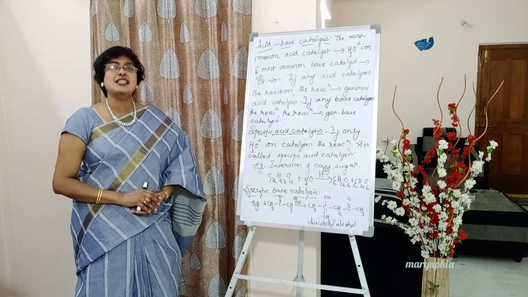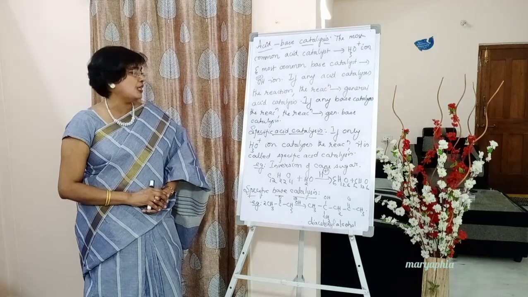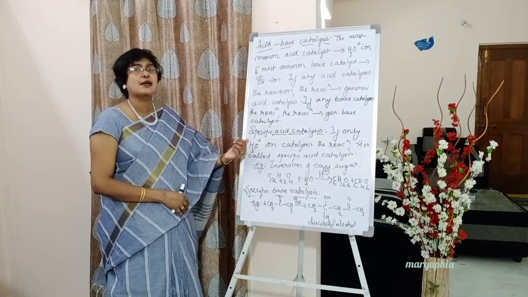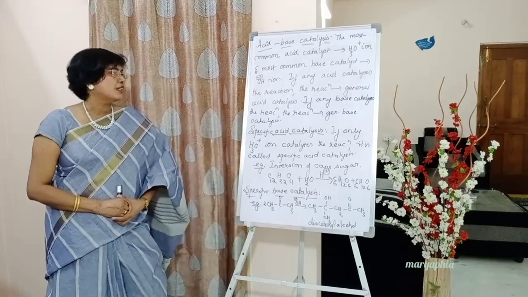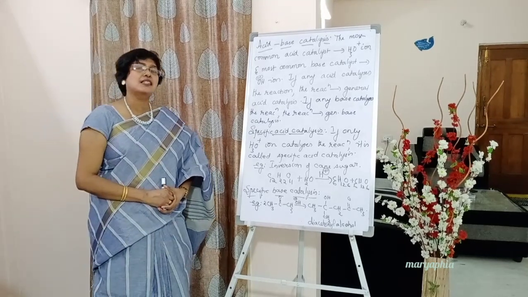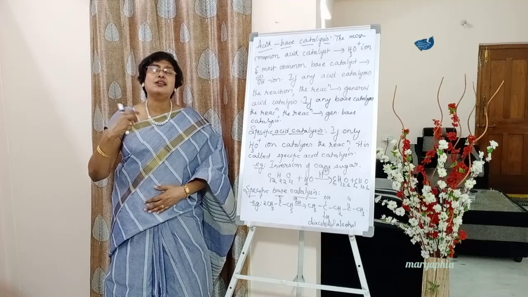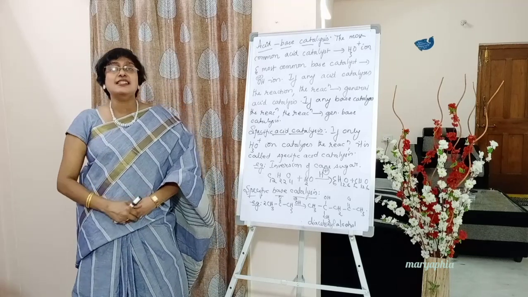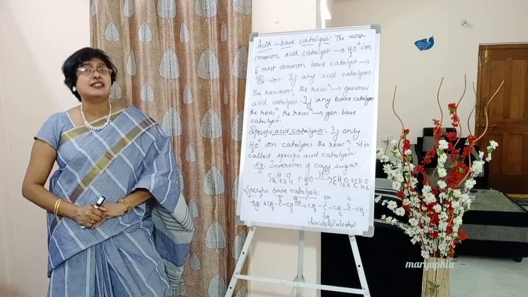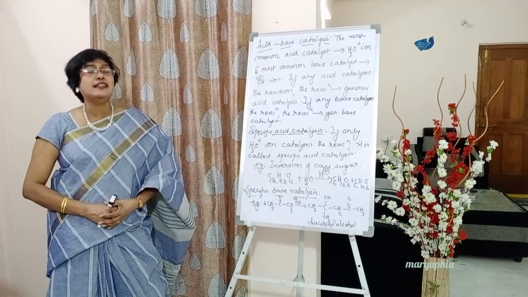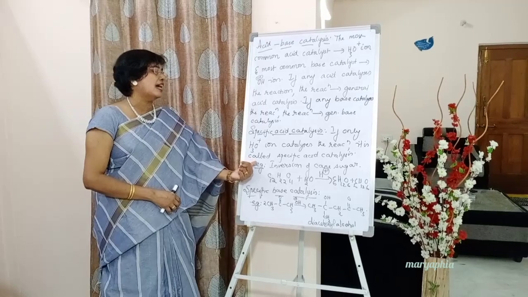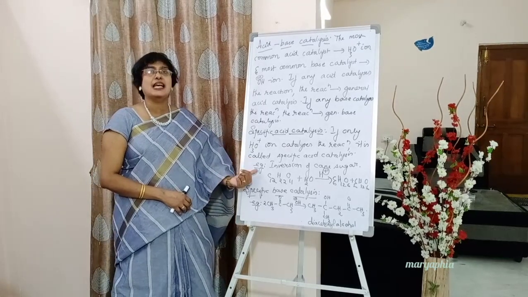Suppose if a reaction is catalyzed by hydronium ion, that's why I have written it separately, students, with this highlighting: specific acid catalysis. If only H3O plus ion catalyzes the reaction, or you can change the sentence also, students. If a reaction is catalyzed by only H3O plus ion, that means not by any other acid, then it is called specific acid catalysis.